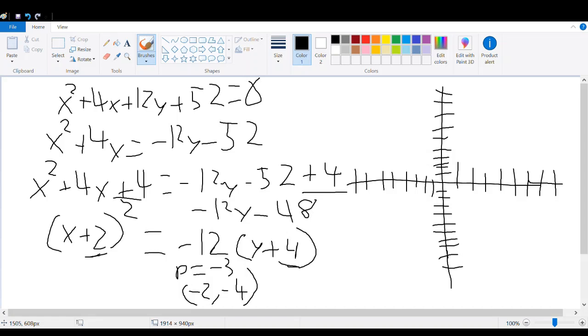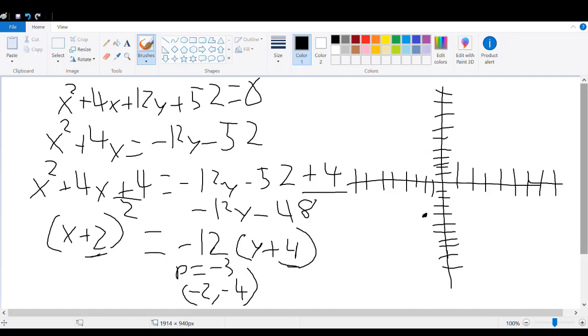Okay, so this one's a little bit of a bigger graph. It's fine. I probably should have counted by 2's, but that's also fine. Negative 2, negative 4 is going to be right there. And then p is negative 3.